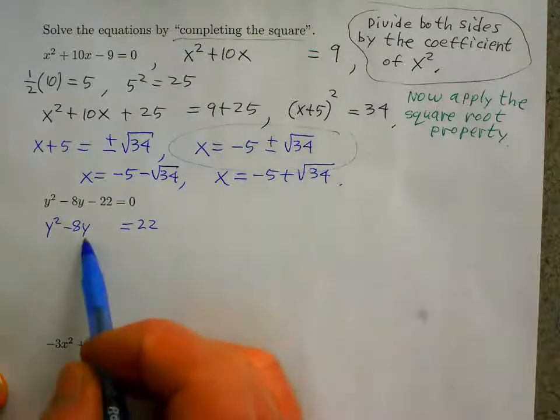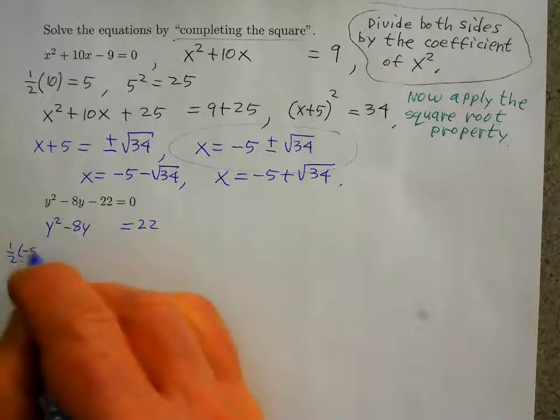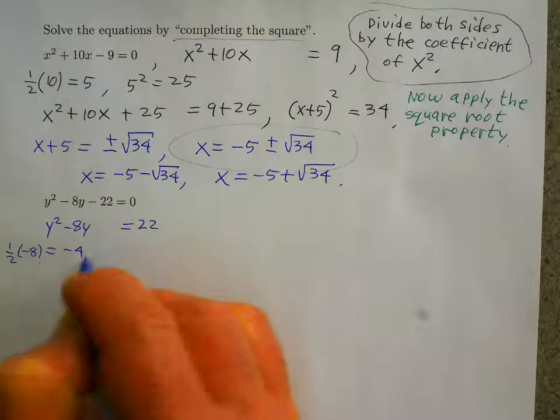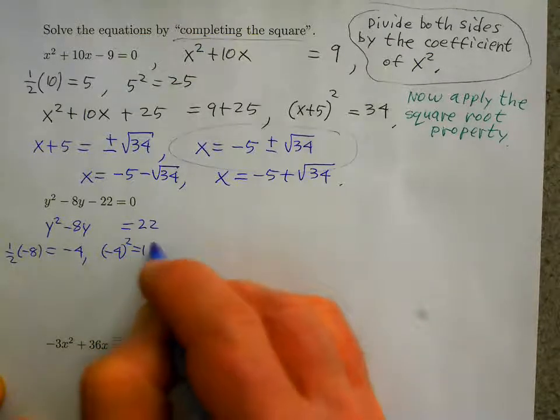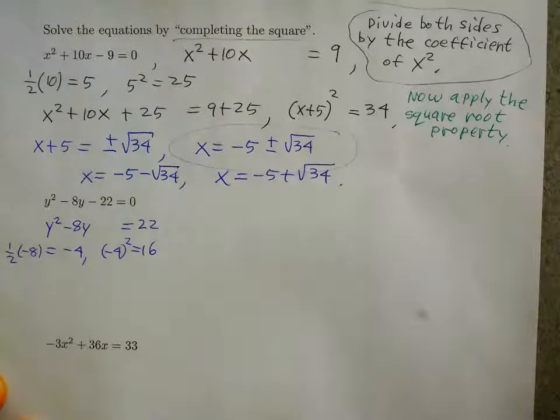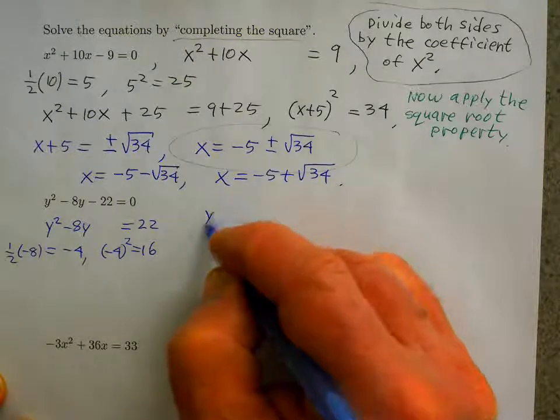Okay, the coefficient of y is -8, so we take 1/2 of -8, which is -4. And when we square -4, we get +16. Okay, so we add 16 to both sides.